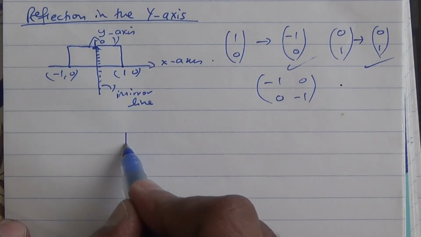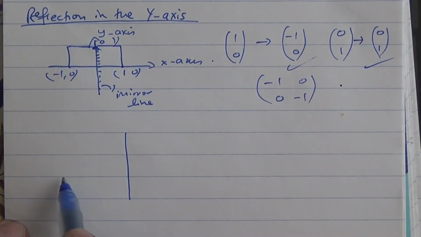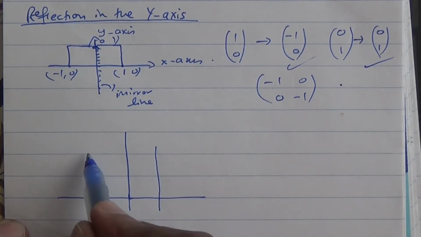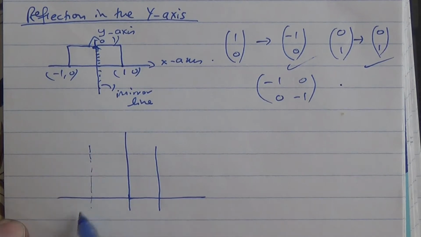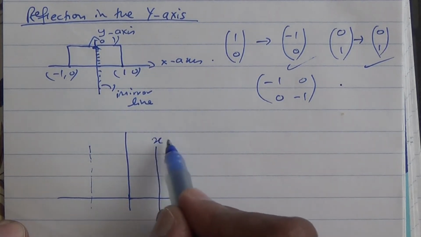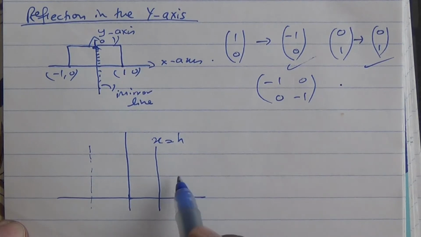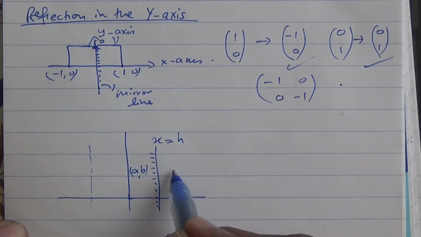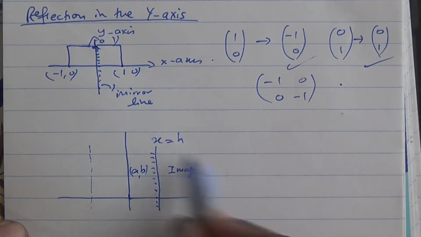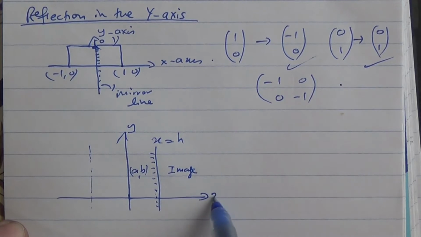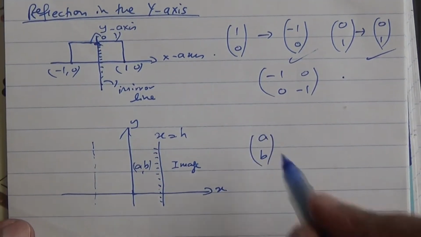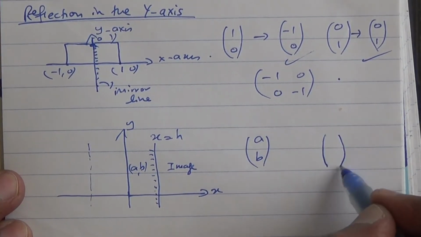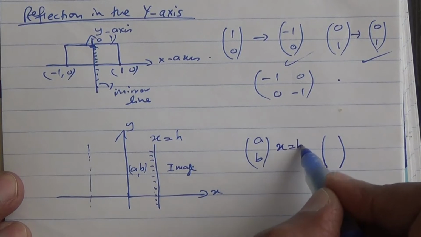Now suppose you've got your x and y axes like this, and this is the line x is equal to h, and you've got a point a, b, and I tell you this point is reflected in this line. What will its image be on the other side? So we use a formula. It's reflected in the line x is equal to h.